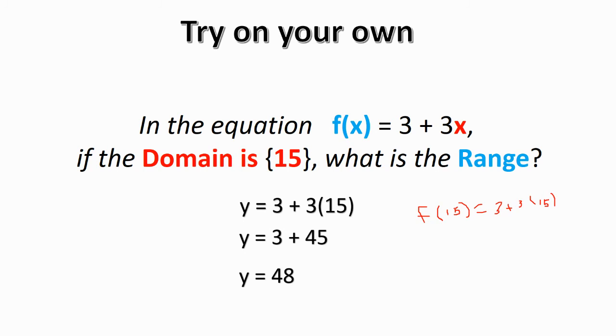Okay, so you can see this is going to end up being the exact same thing. It's just they're telling you here what the domain is, so you know what to plug in. Whereas here, they have to tell you that the domain is whatever it is. Okay?